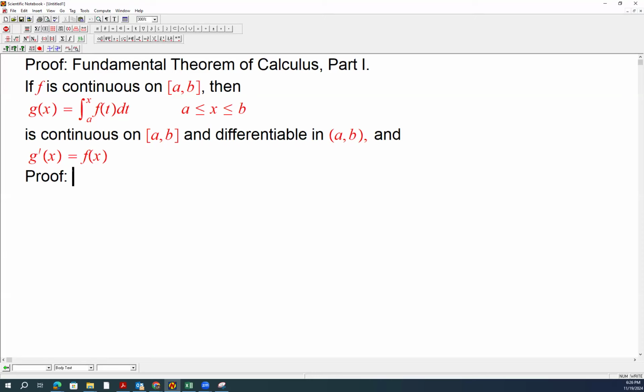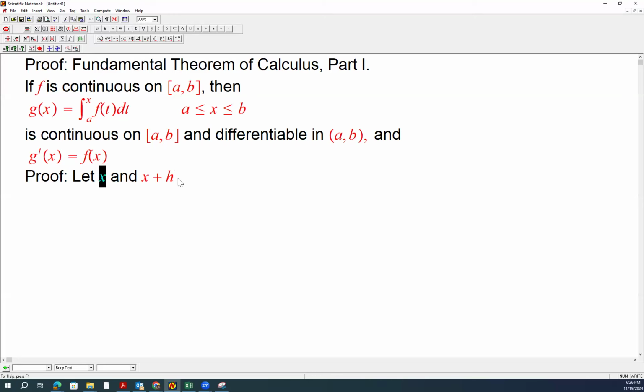So we start out by choosing any point x, and x plus h, because we're going to use the definition of a derivative.